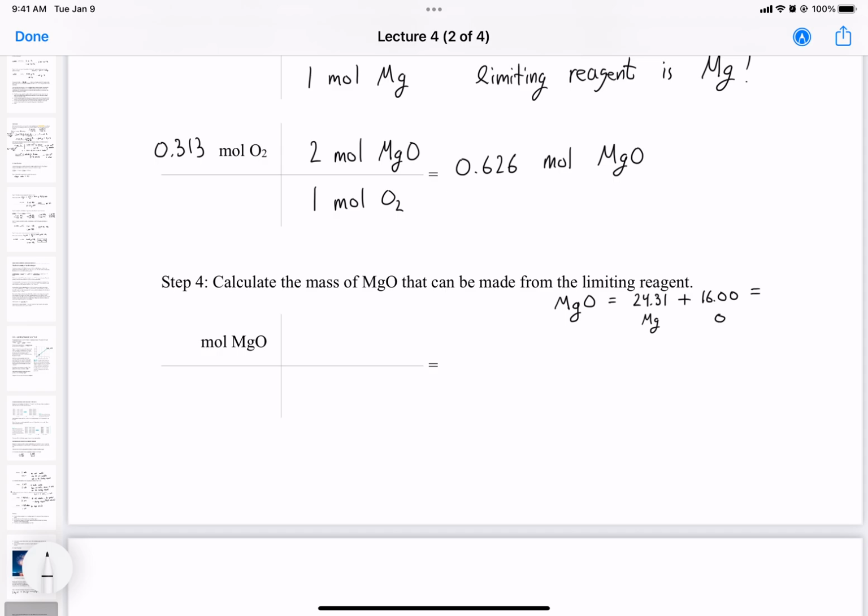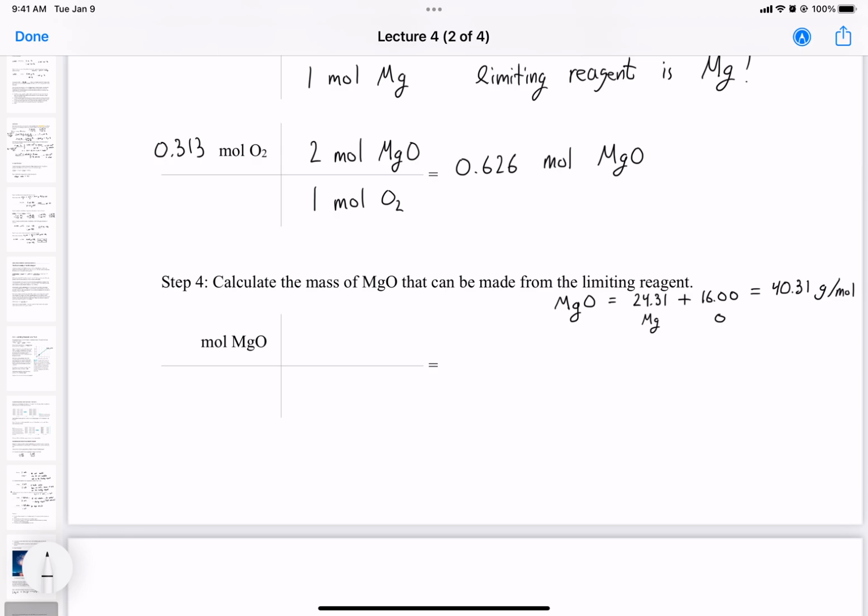If we add these together, we get 40.31 grams per mole. Okay, very well, 40.31 grams per mole.